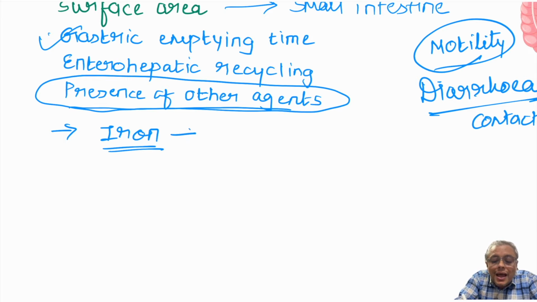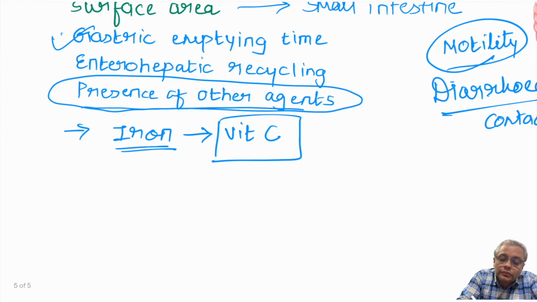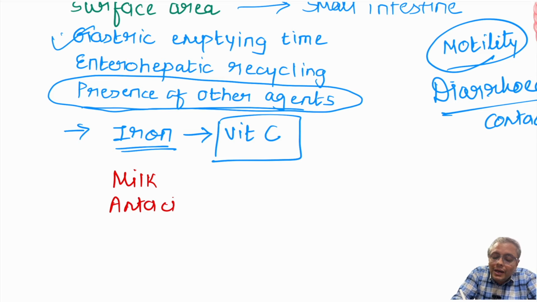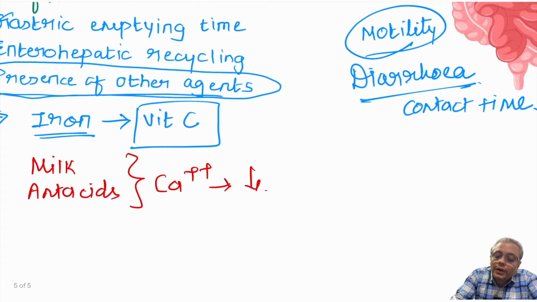Now this iron absorption is better if it is administered along with vitamin C. Vitamin C enhances the absorption of iron. Okay, now there is a negative example also. If you are taking milk or antacids, what is the similarity in this? Both of these contain calcium, and this calcium will reduce the absorption of tetracycline.